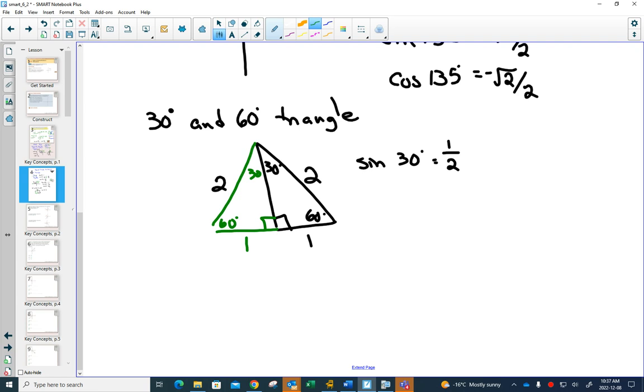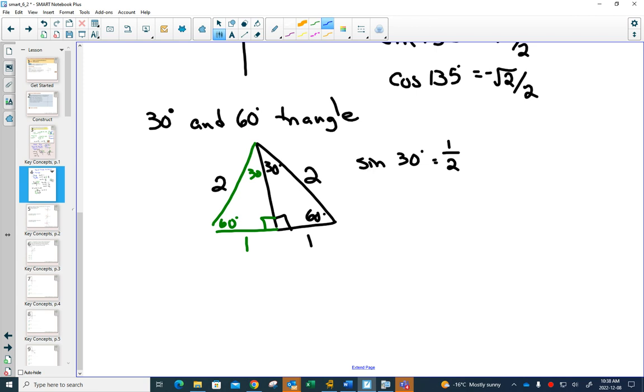Now, don't write this down, but let's say you chose a different number than 2. You're like, I made an equilateral triangle, but I couldn't remember what number Mr. JR used. So you used 10. If you use 10 here and 10 here, do you see that this would be 5 and 5? Can you still see that sine of 30 would be 5 over 10, which reduces to 1/2.